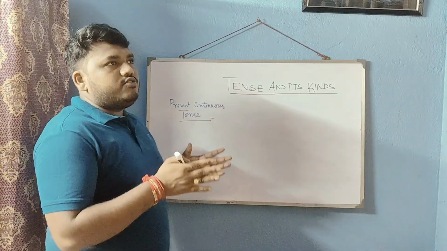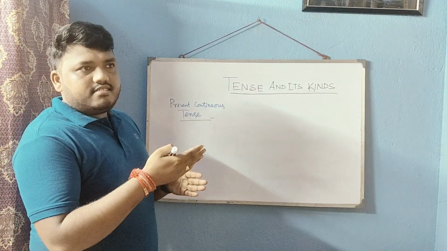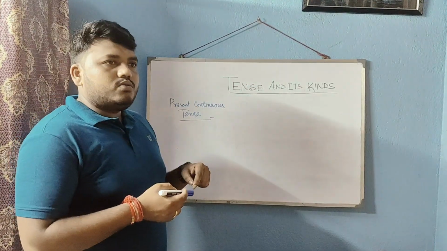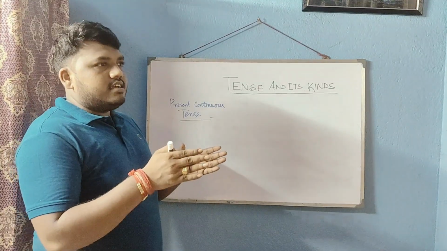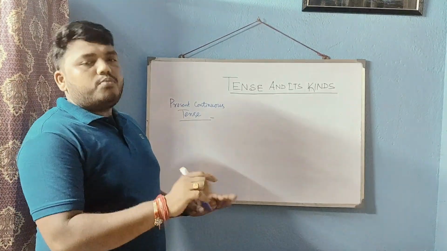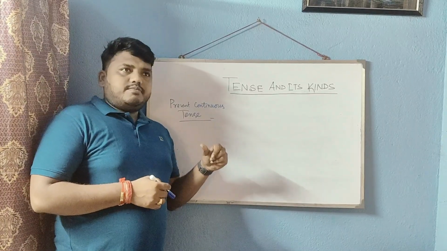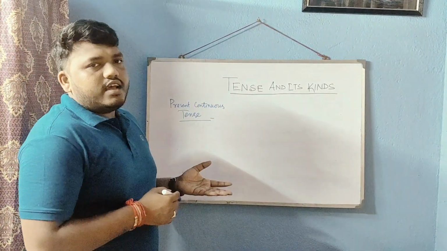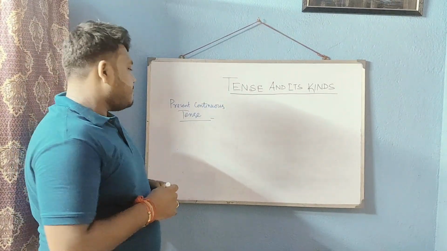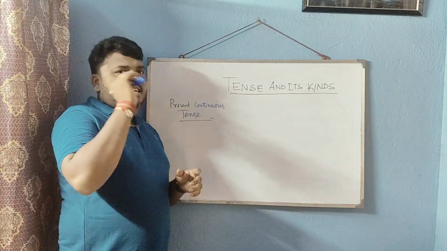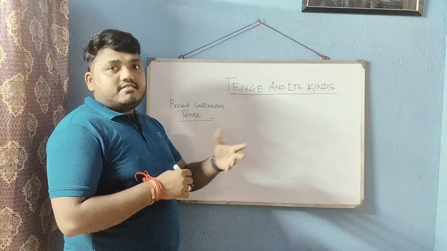If in a situation your friend says that he is coming to you, he may be at home now, but he says to you that he is coming. It means he has not started his journey yet, but he's saying that he's coming.